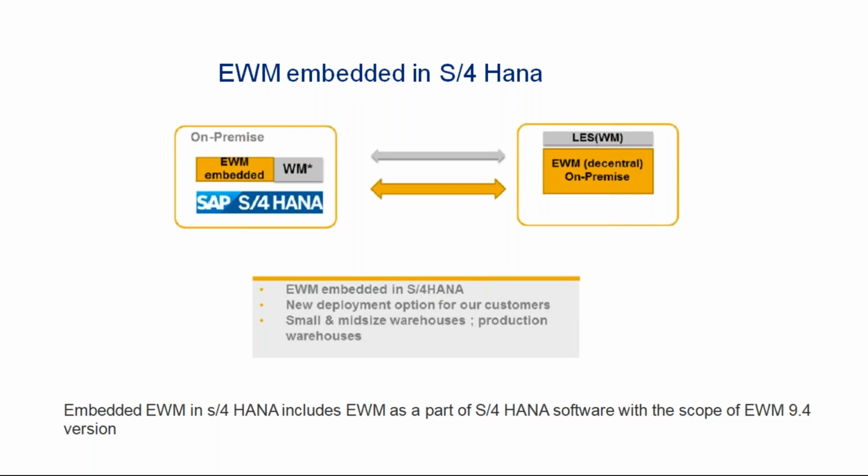There are slight differences between embedded EWM and SCM EWM, but once you understand SCM EWM or embedded EWM, you'll be able to work on both systems. That's the whole point, because the core concept remains the same. Core concept of functionalities and whatever EWM offers, all those concepts will remain the same with slight changes in versions. So that's the whole point.